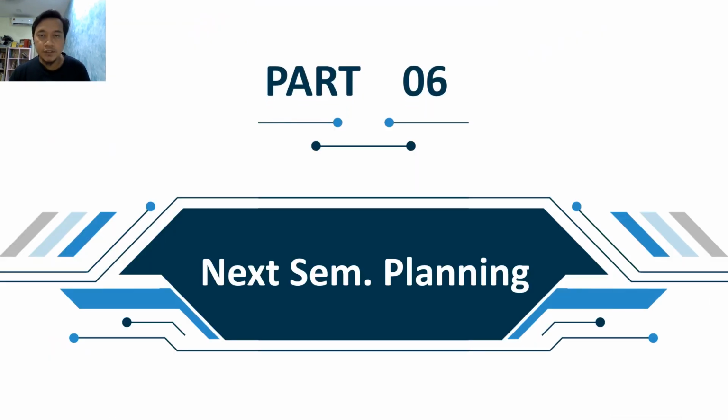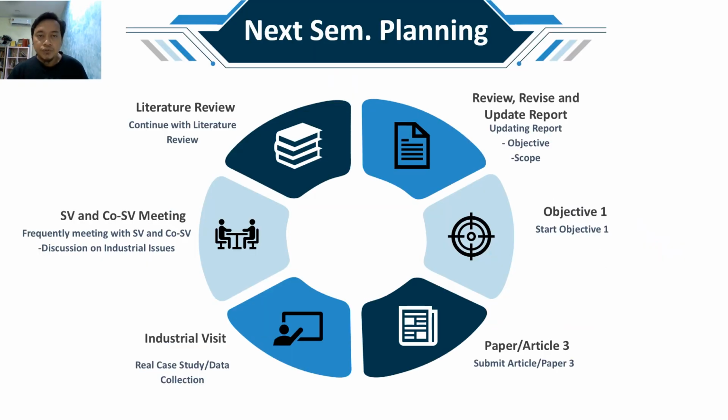Lastly, the last slide is the next semester planning. This is the list of activities that I'm planning to do for next semester. The first one is to continue with my literature review, which I will keep reading and learning more about the topic that I'm focusing on to find new information and ideas from books, articles, and other resources.